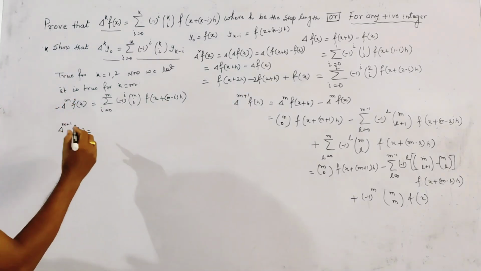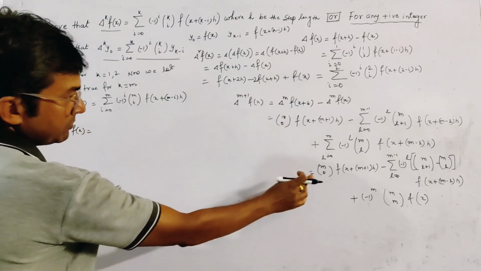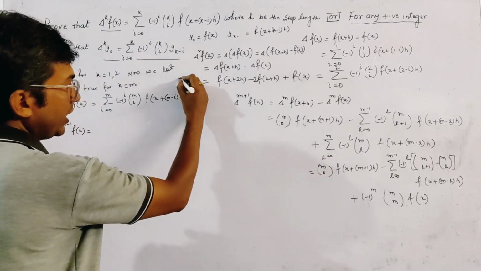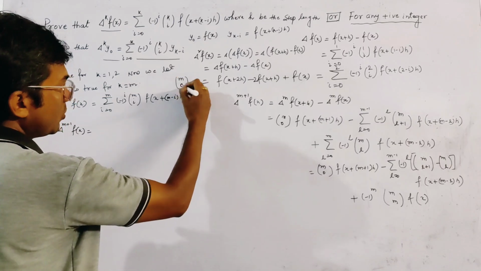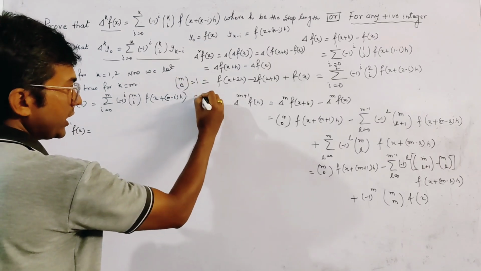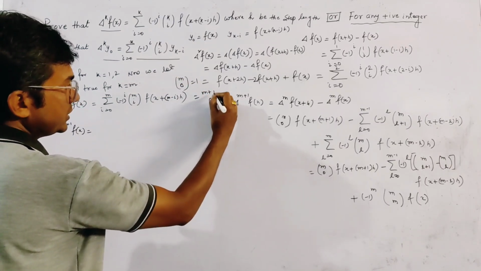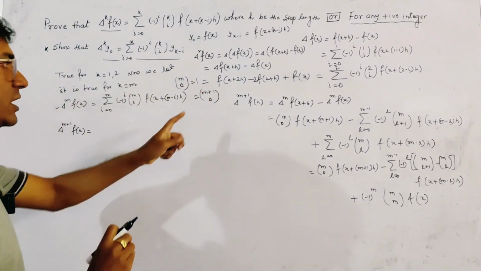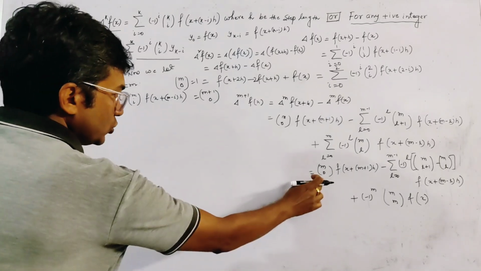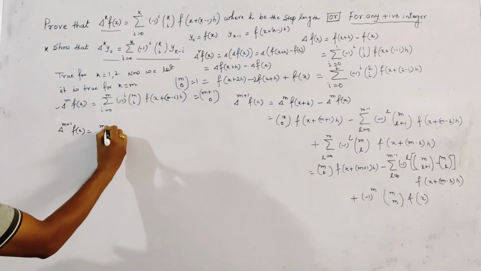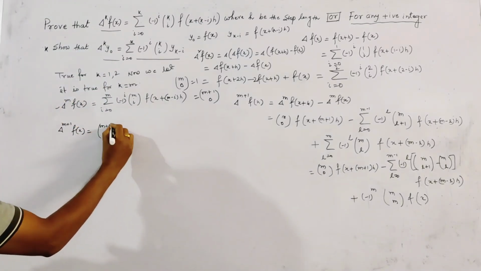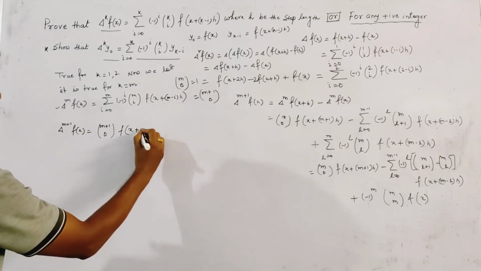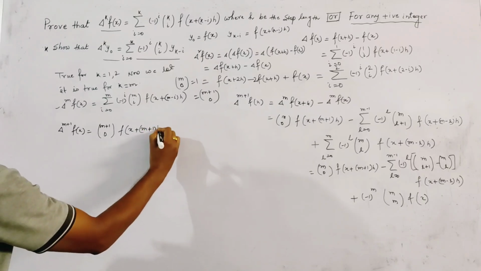Here we write first the first term. This is given by mC0, and mC0 means 1, and we can also write this as m plus 1C0, because mC0 and m plus 1C0 get the same value. This is 1. Okay, so we write this is m plus 1C0, right, and the function is f of x plus m plus 1 into h.